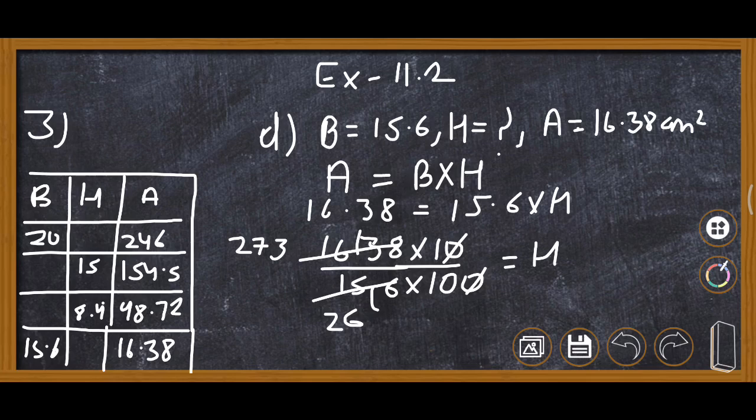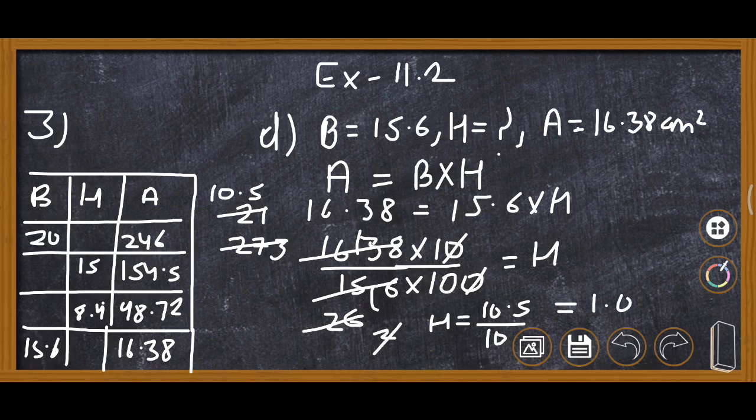Now reduce both of them by 13, 13 2s are 26, 13 1s are 13. Then here you can see this 2 can cut 21 in point, so this is 10.5. Now here height is equal to 10.5 upon 10. So we can write it as 1.05 centimeter.